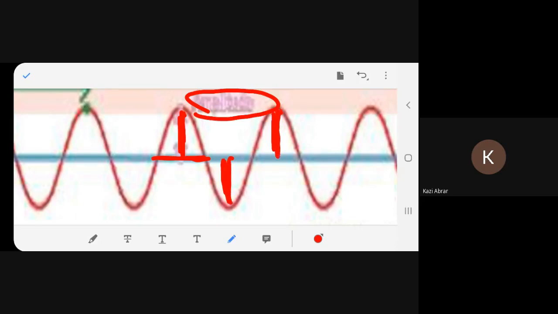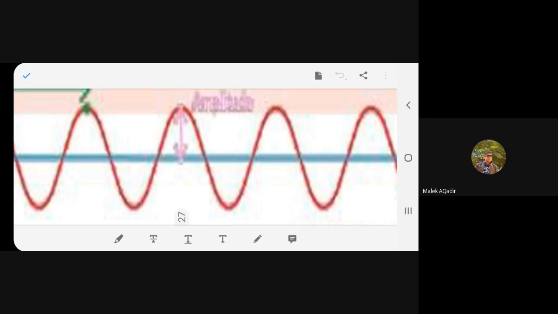This is the maximum length from the mean, which is known as amplitude. Any problem? No, ma'am. This is amplitude and this is wavelength. You got it? This is wavelength, this one, and this is amplitude. It is measured in Angstrom. That we'll do later.